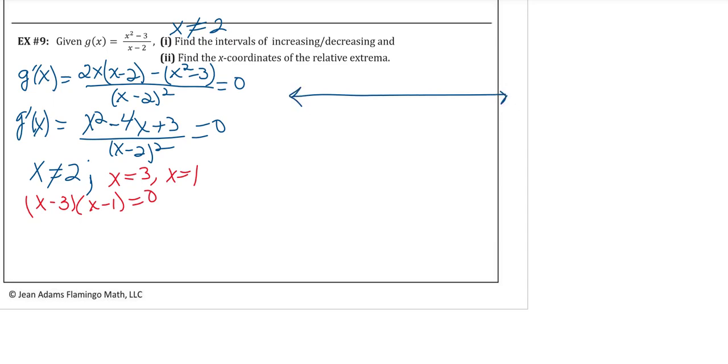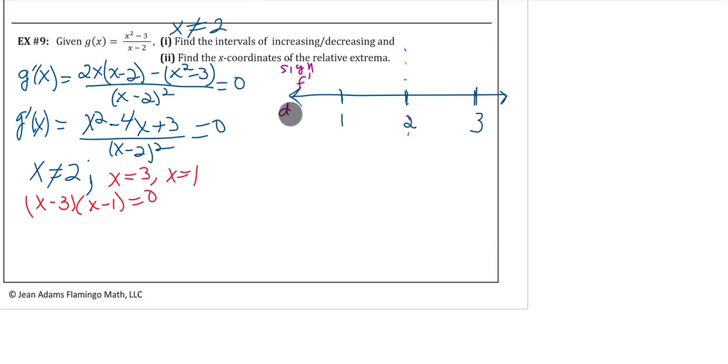So we have our 1, we have our 2, and we have our 3. We want to use the 2 just to see what's happening on either side of that, where we're coming from. So I'm going to put like a vertical asymptote there. Okay, so then here's my sign of g prime.